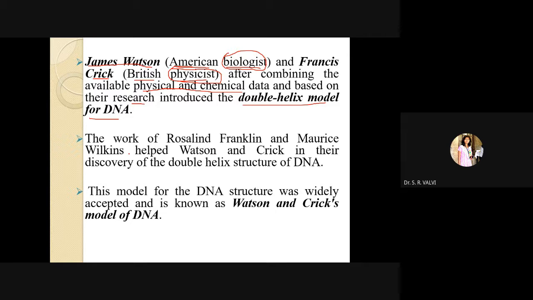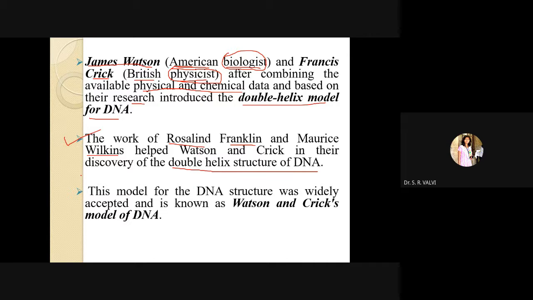So who were the earlier scientists who did some research on DNA? See here, our point number 2, that is Rosalind Franklin and Maurice Wilkins. They also helped in the discovery of this double helix structure of DNA, right?